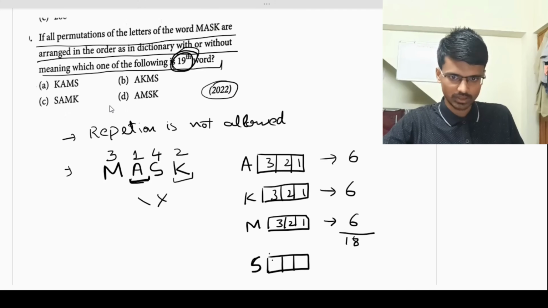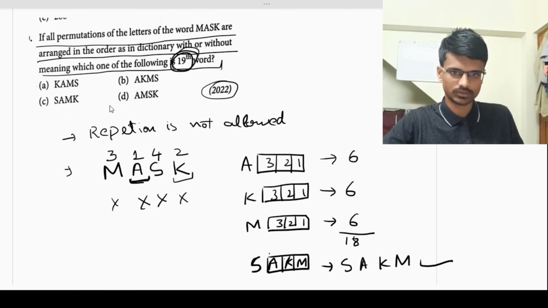Next we can use A. So A. Third letter can be K. And the last letter is M. So our 19th word is S, A, K, M. This is our 19th word. Okay, so there is some error, some misprint. So actually the answer is SAKM.